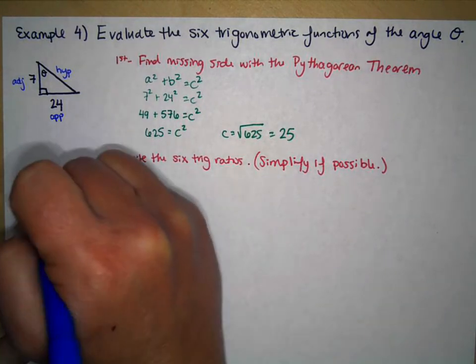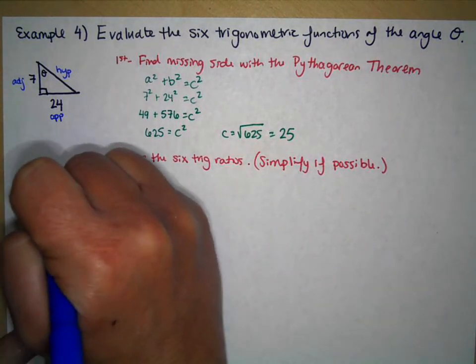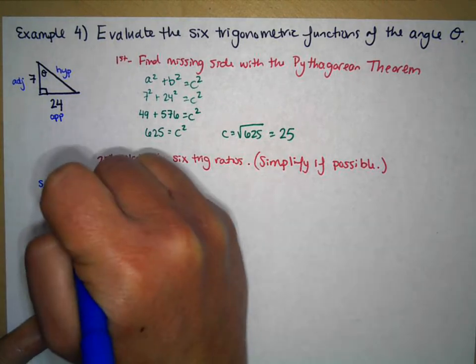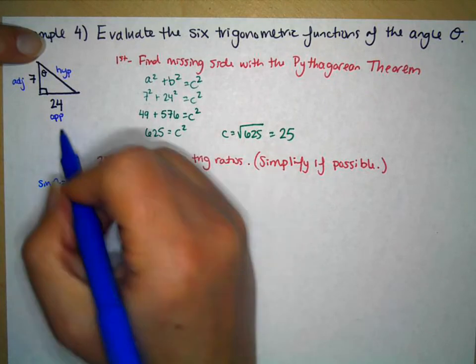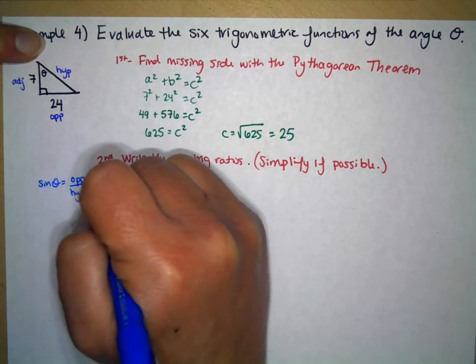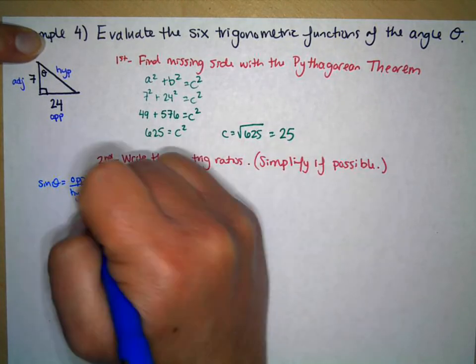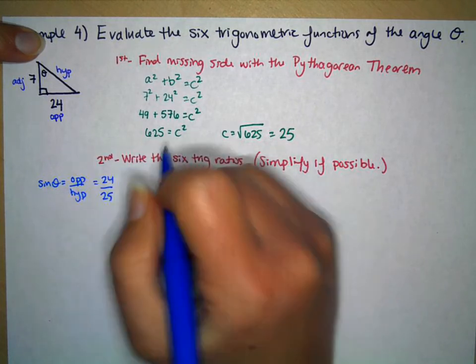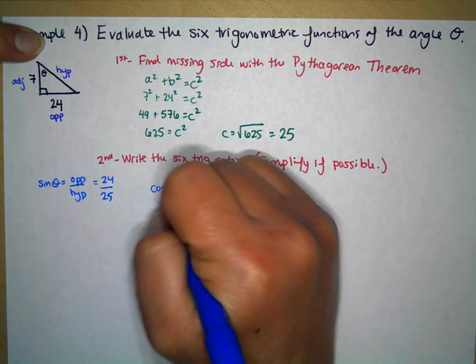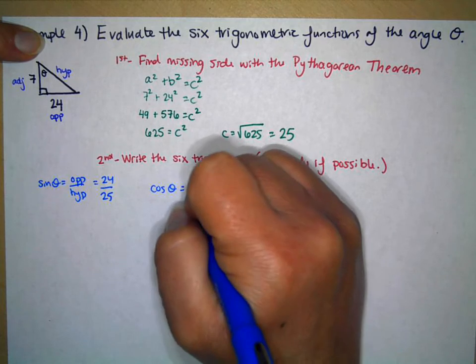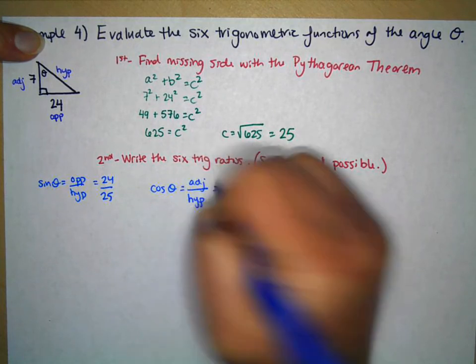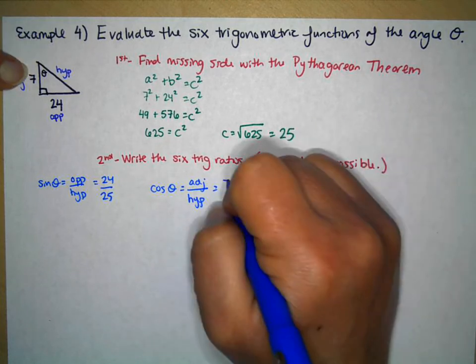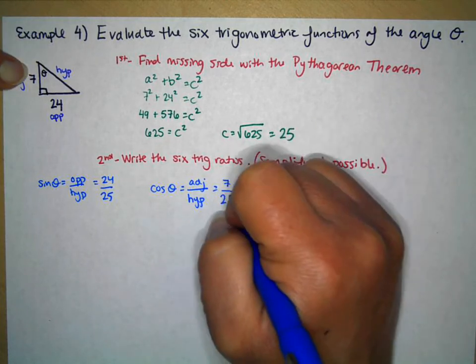So we know the sine of our angle is equal to the opposite side over the hypotenuse. So from our angle, our opposite side is 24 over, we figured out our hypotenuse is 25. Cosine of our angle is equal to the adjacent side over the hypotenuse. Our adjacent side is 7 over our hypotenuse 25.